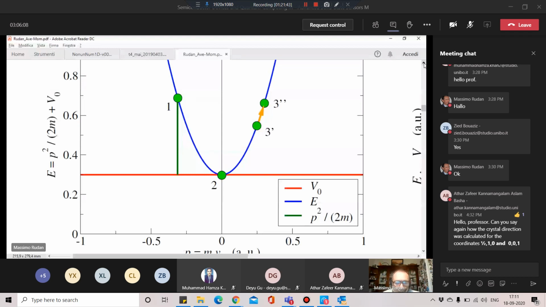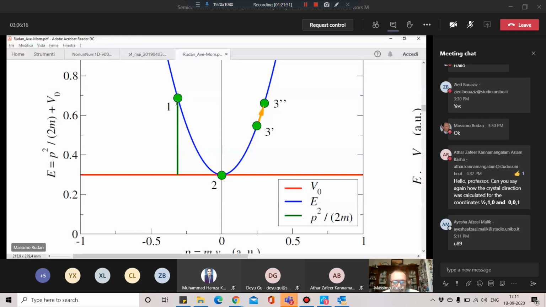Okay? Now, consider, for instance, the situation in which the particle has an energy equal to the green dot number 1. Okay? What does it mean? It means that momentum is different from 0. So this particle is moving because the momentum is non-zero.